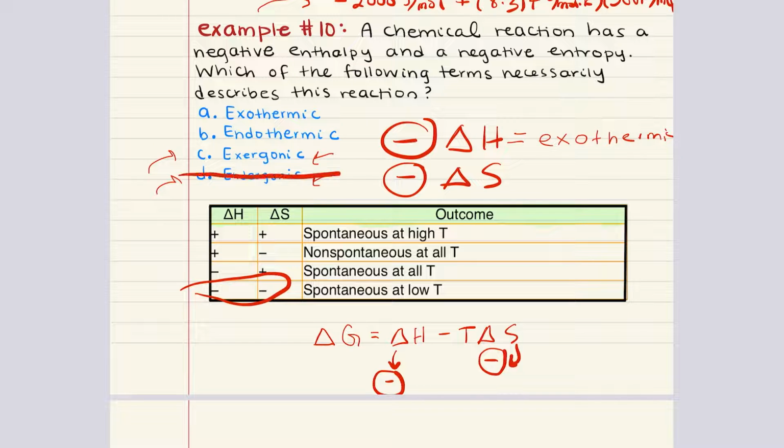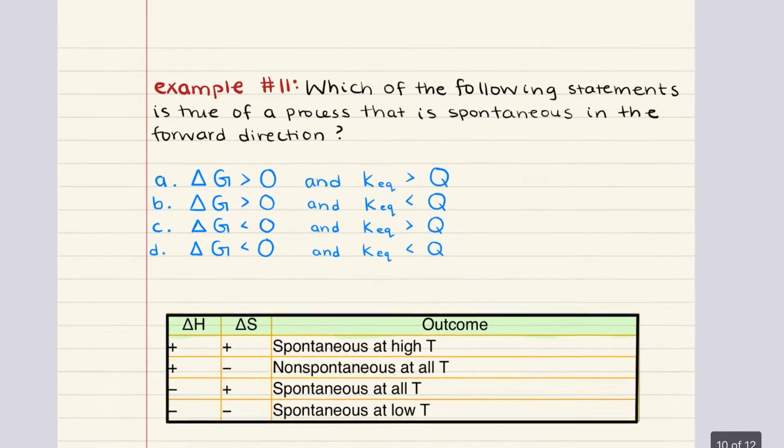And so we can go ahead and eliminate those answer choices. What we can say confidently about this reaction is that it is exothermic because delta H is negative. And that means the correct answer for 10 is going to be A. Beautiful. Let's do problem 11 next.